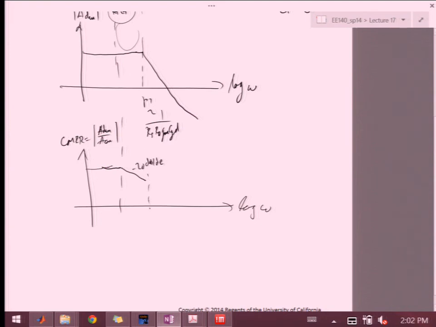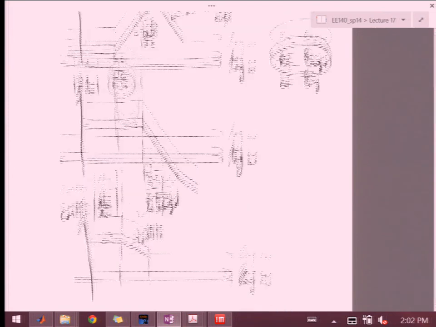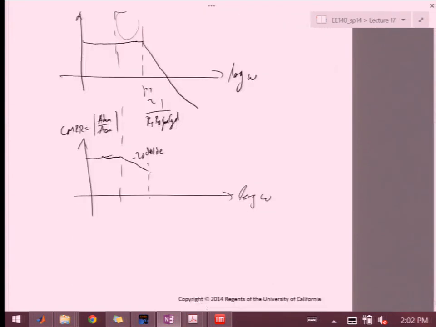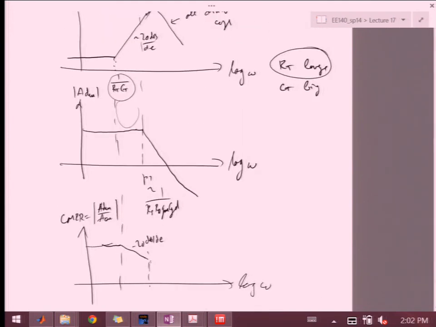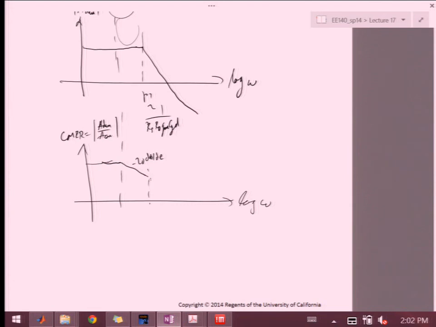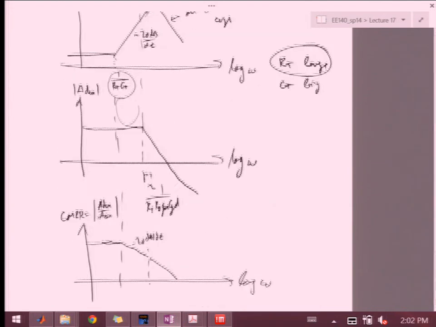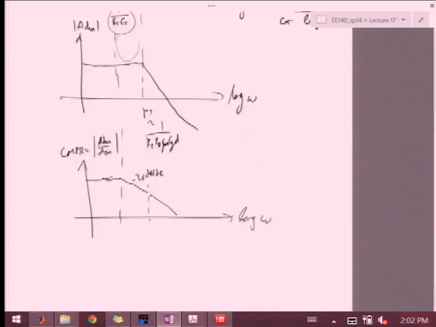And then after the bandwidth, of course, we get minus 40. So this region here is problematic.